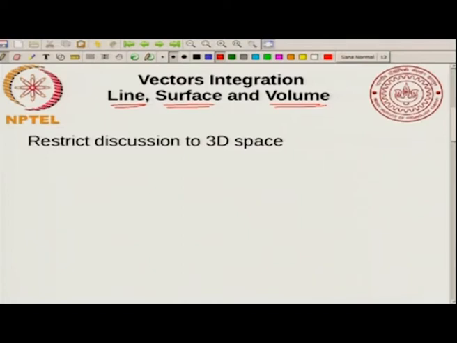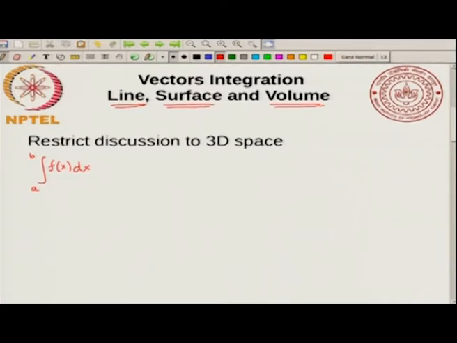Now, what do we want to do? As usual, you have done things like integrating from some limits a to b of some function of x. This is something that you are familiar with.